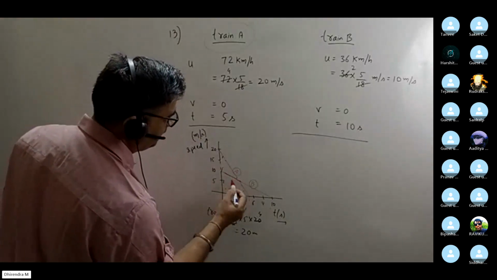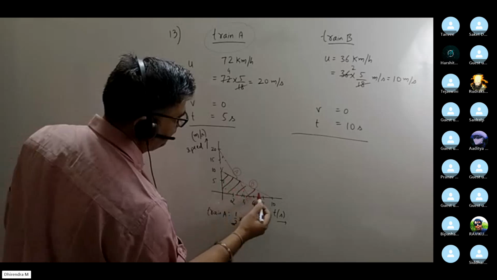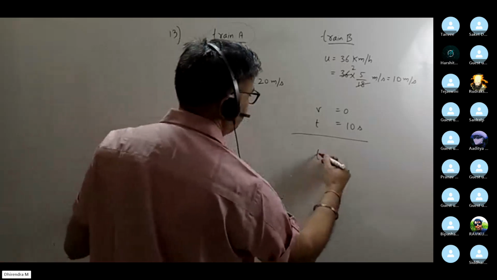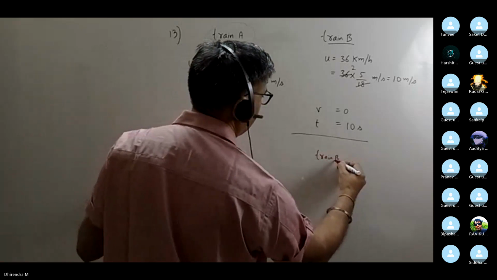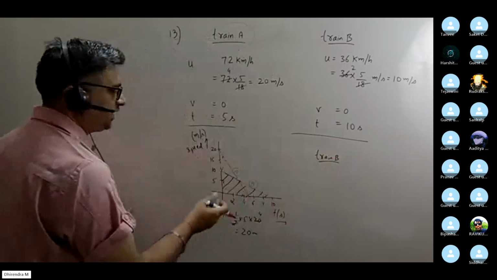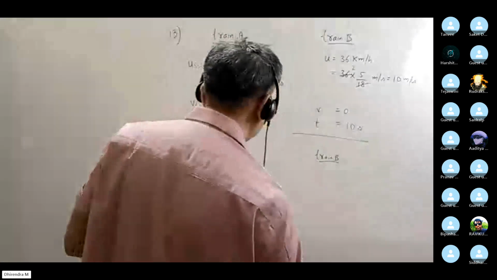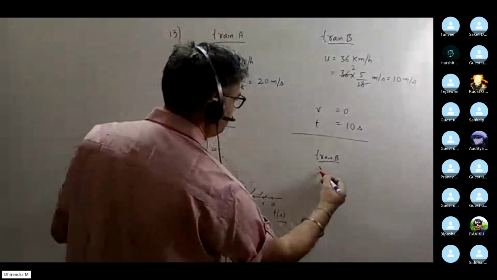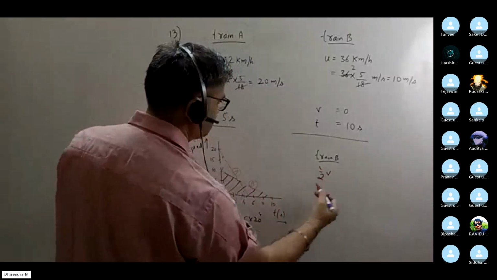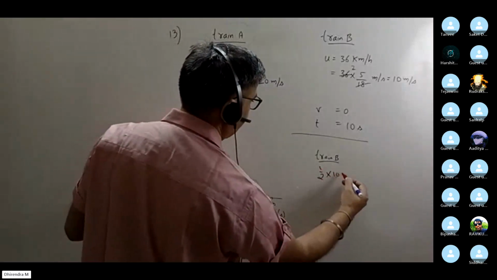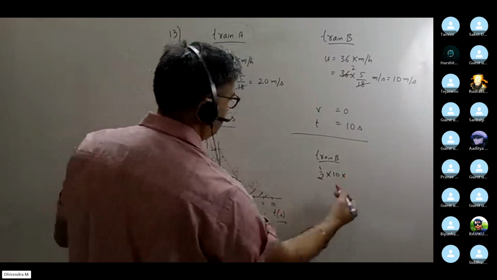I'm erasing this so that I can highlight train B. We are talking about this area. In a speed-time or velocity-time graph, the area under the graph with the x-axis gives us the distance. So in this case, will it not be half into the base, which is 10?